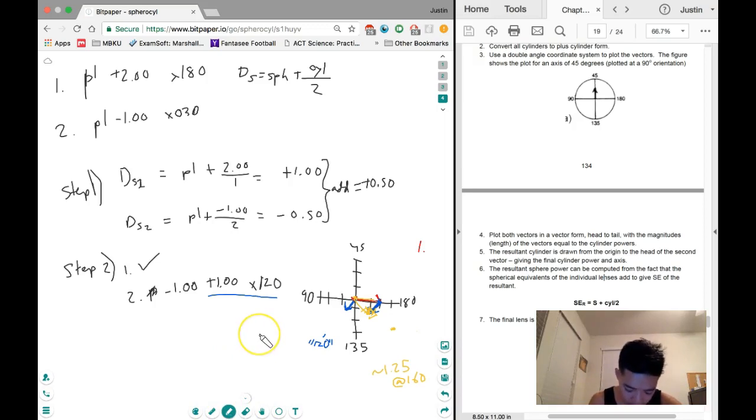So what are you going to do with that? You want to find the spherical equivalent. We're almost done. Step 6, the resultant sphere power can be computed from the fact that the spherical equivalents of the individual lenses add to give the SE of the resultant. So you have SER already.